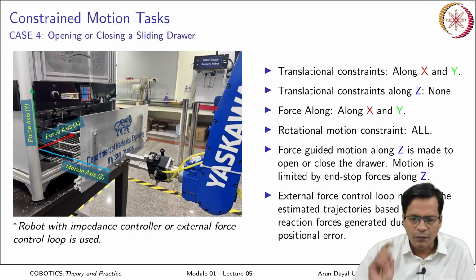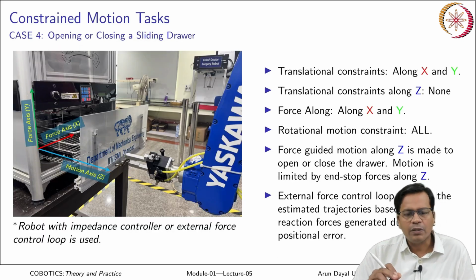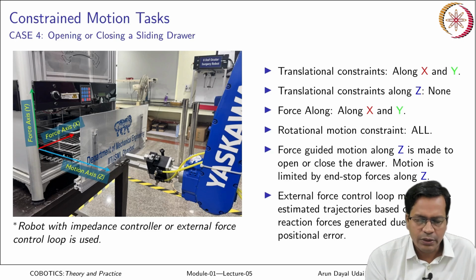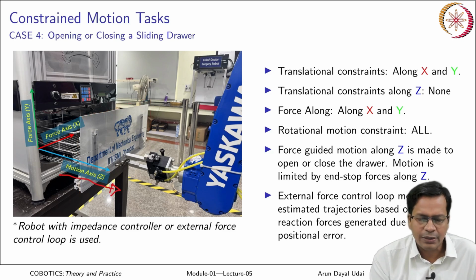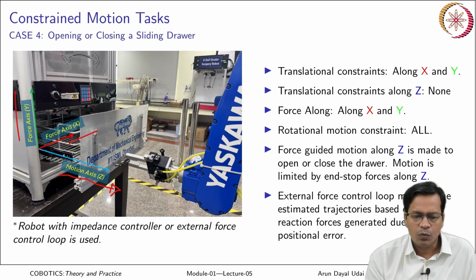Okay. Now, the next one, opening or closing a sliding drawer. Drawer can be of many types, but this is a sliding drawer in which this board can get in and out. Okay. So, this is the constraint here. So, you have a motion axis, that is along z axis again, and x and y directions are fully constrained.